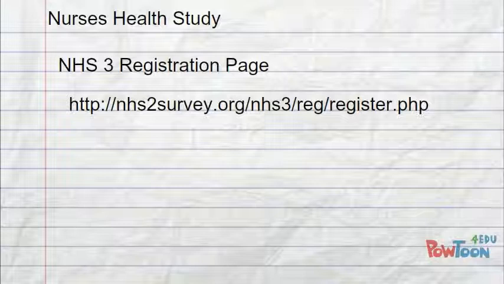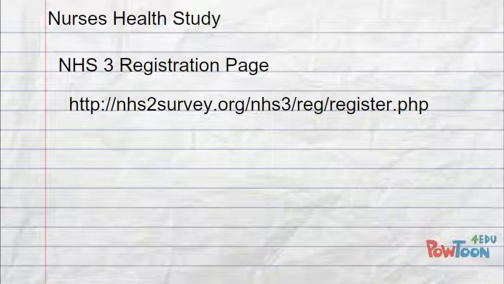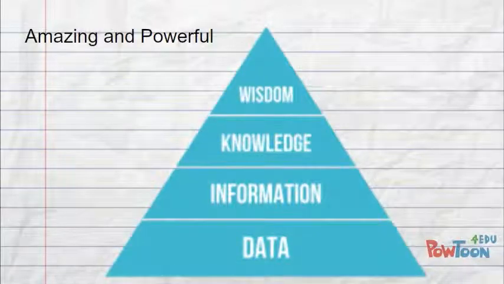If you're not eligible, please pass this along and share it with another nurse. If you do register, though, please use an email other than your Bellin College email, because this is a longitudinal study. They're going to want to get in touch with you long after you graduate from Bellin. Wow! Just think of the power of that data and how it's changed practice.